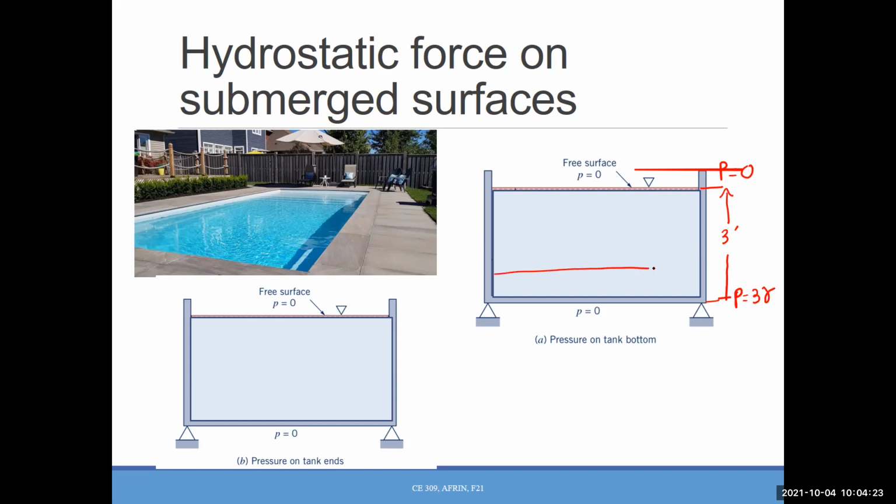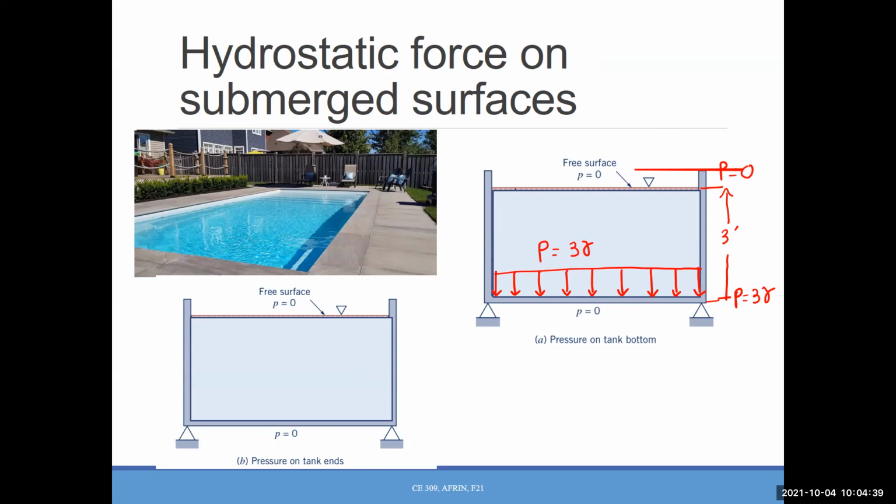And we also know on a horizontal surface, there is no pressure variation. So at any point, pressure will be 3 gamma, right?